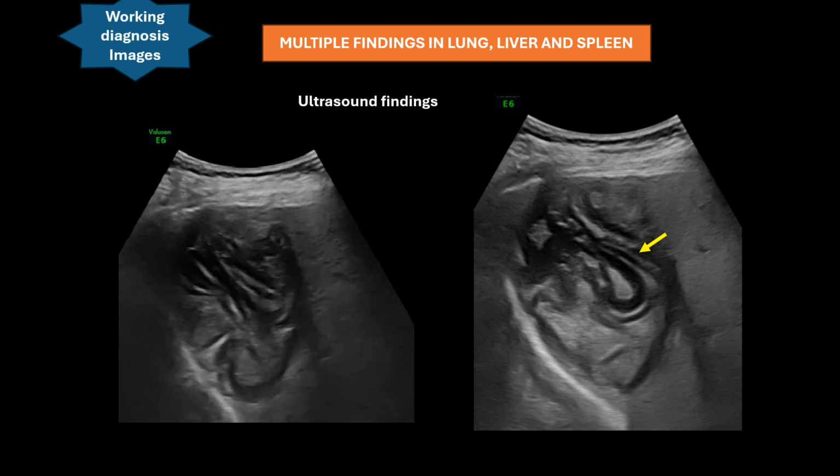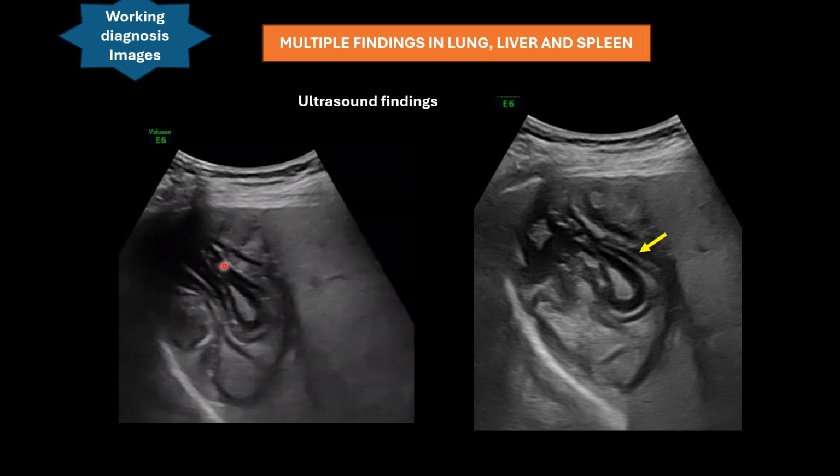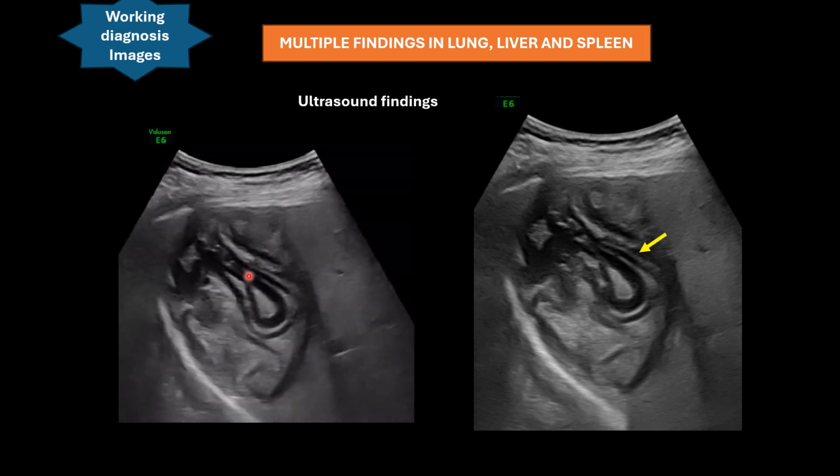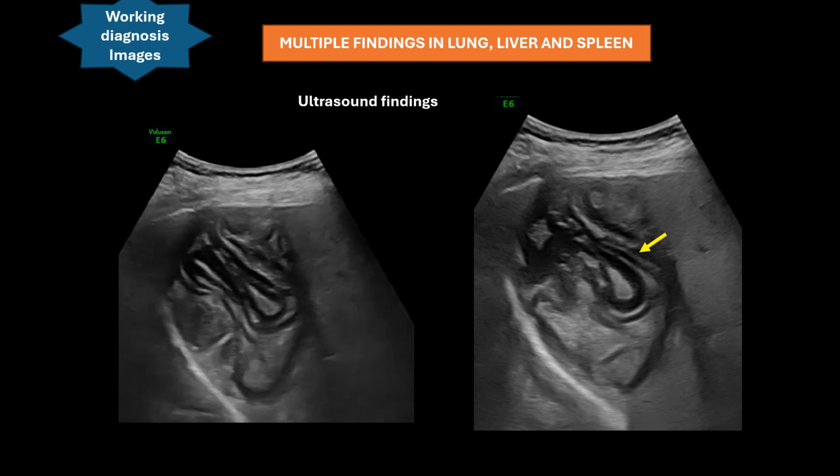When we did an ultrasound correlation, you can see the beautiful membranes which are seen within the so-called simple cyst, with fat levels in it. So once you see membranes, it's very clear. If you see membranes like this, it's going to be hydatid for all practical purposes.